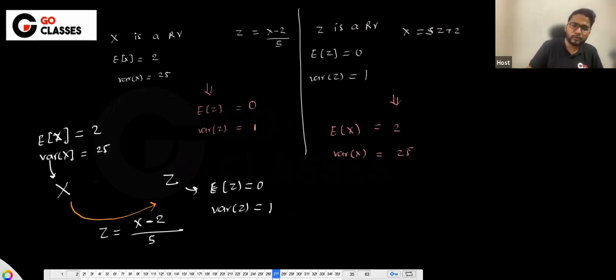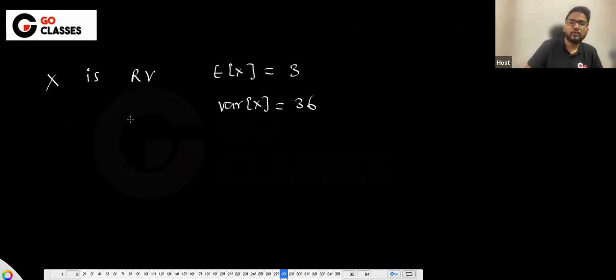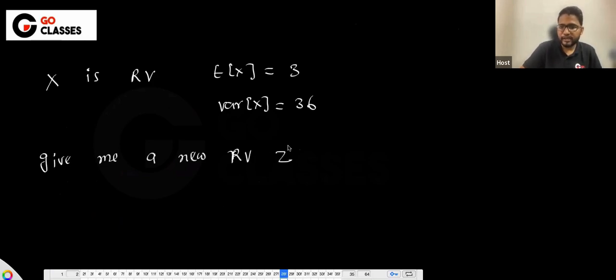Now, for example, let's suppose there is a random variable x which has expectation of x equal to 3 and variance of x equal to, let's suppose, 36. Now give me a new random variable z, which is very standard in the normal distribution, but I will tell you later, such that expectation of z is 0 and variance of z is 1.